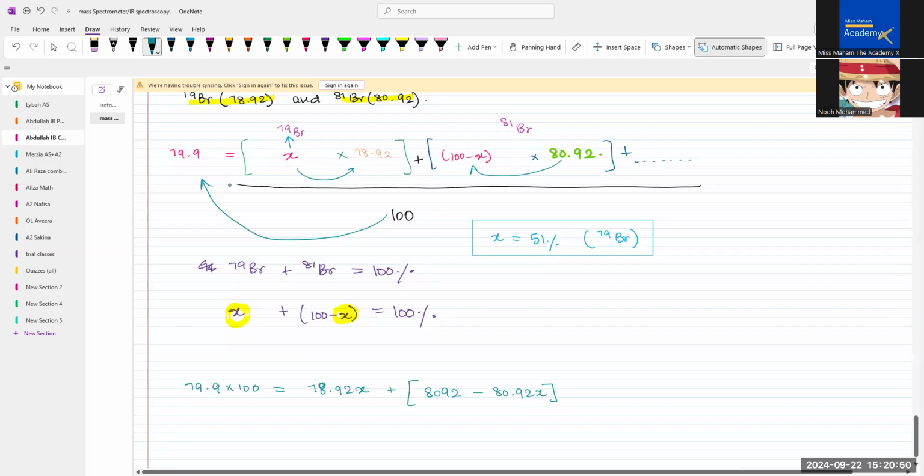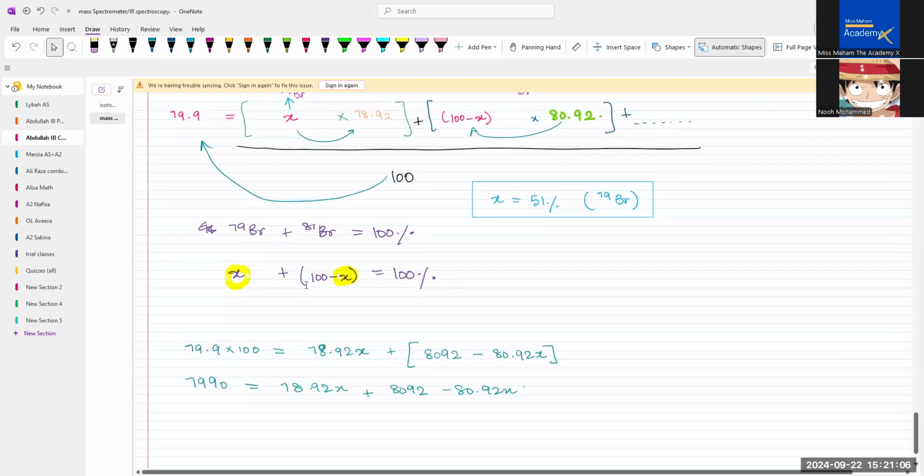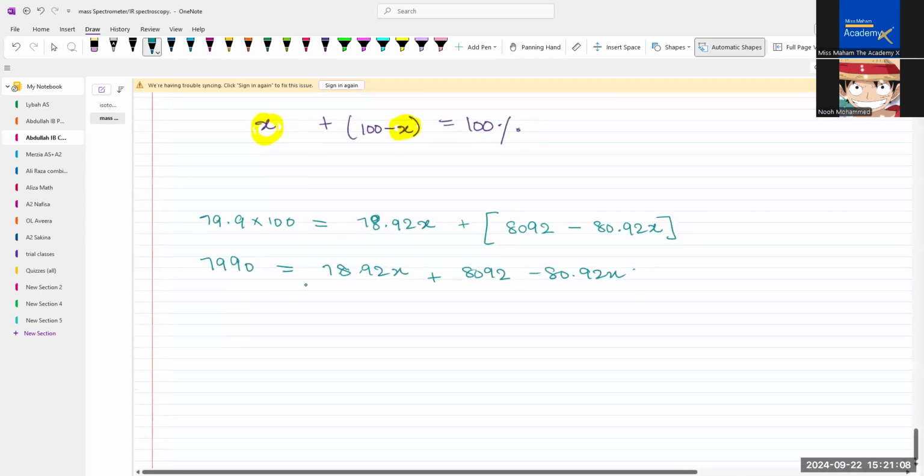Bracket closed, right? And then this turns out to be 78.92x plus 8092 minus 80.92x. Then you put all the numbers on one side and all the variables on one side.